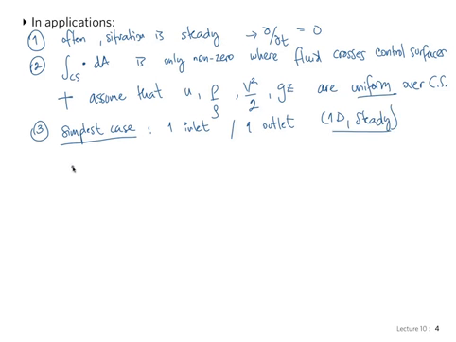So we have something like a control volume with one inlet, one outlet. And that immediately simplifies our continuity equation, because if it's in steady state, then the mass flux out is equal to the mass flux in, which is just m dot.